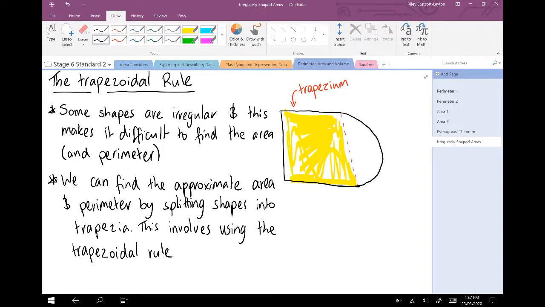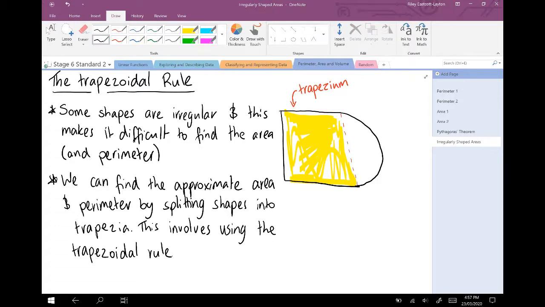So essentially, we're going to take a shape, split it into some trapezoids, and use what we know about trapezoids to find either the area or the perimeter. Now, the general rule is that the more trapezia that we can fit into our shape, the more accurate it's going to be. A common word that will pop up, and we've covered this earlier, is error.